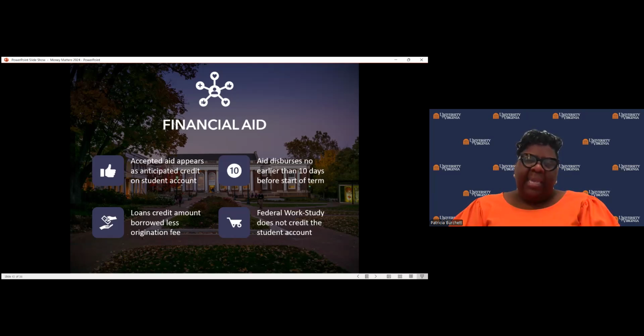We have an application portal called Handshake that is administered and handled by our Career Services Department. I believe that the federal work-study positions are going to be posted within the next week.